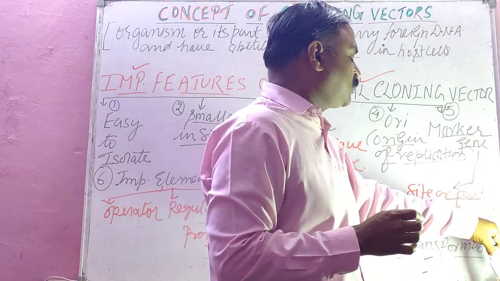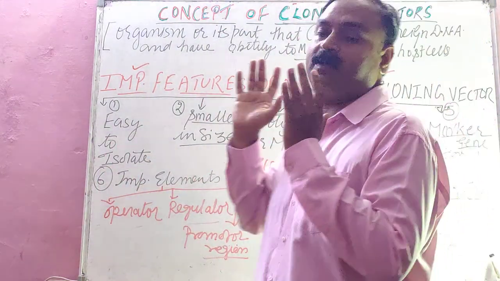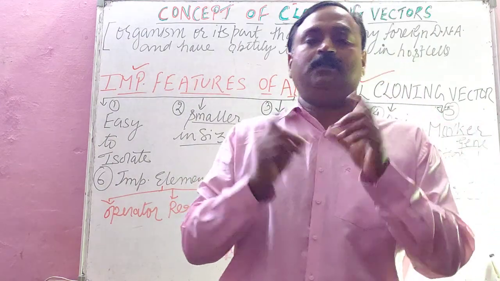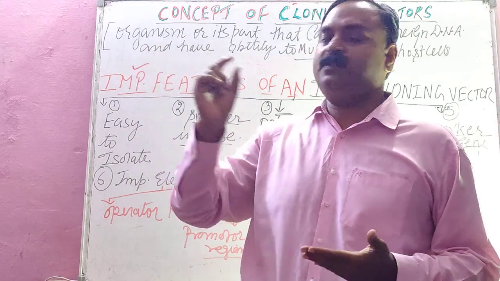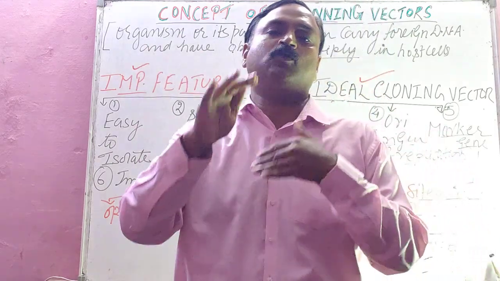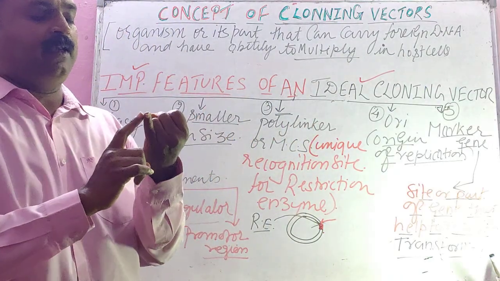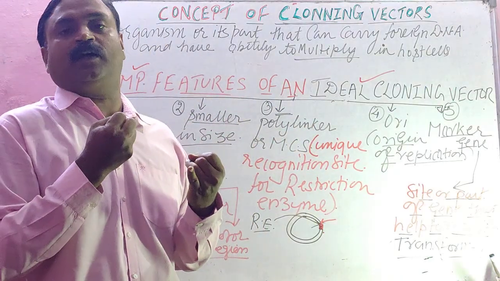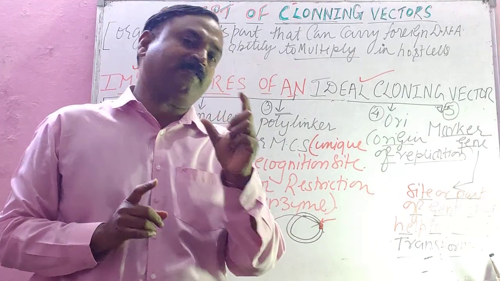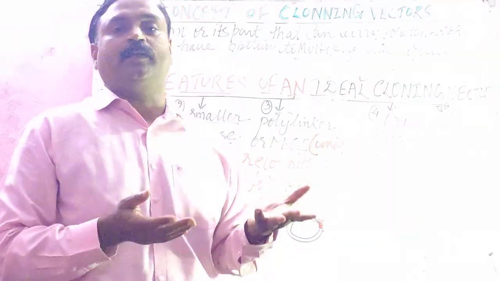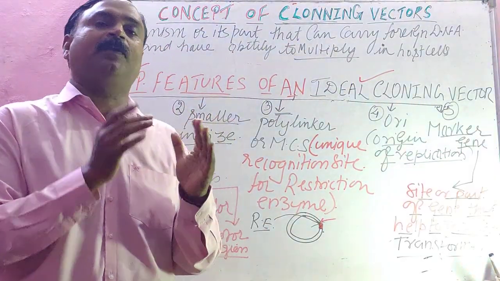Let us recap once. What is concept vector, student? Concept of the cloning vector. These are the organism or its part that has capability to carry the foreign gene and have the ability to multiply in the host cell. Then features. It should be easy to isolate from the donor cell. Then it should have smaller size because larger size may be broken. Then third was it should have polylinker site or multiple cloning site.